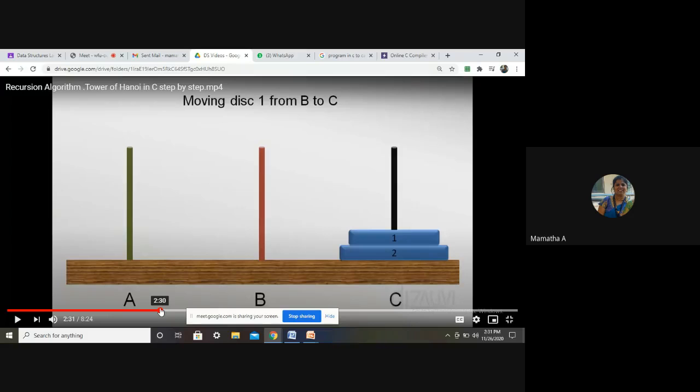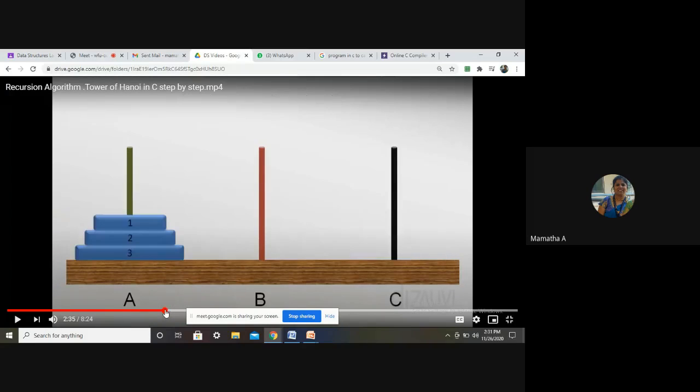So totally for 2 discs, how many moves did I have? 3, ma'am. Similarly, as the number of moves increases, the complexity also increases. Now let us see when it is 3 discs. So very simple.